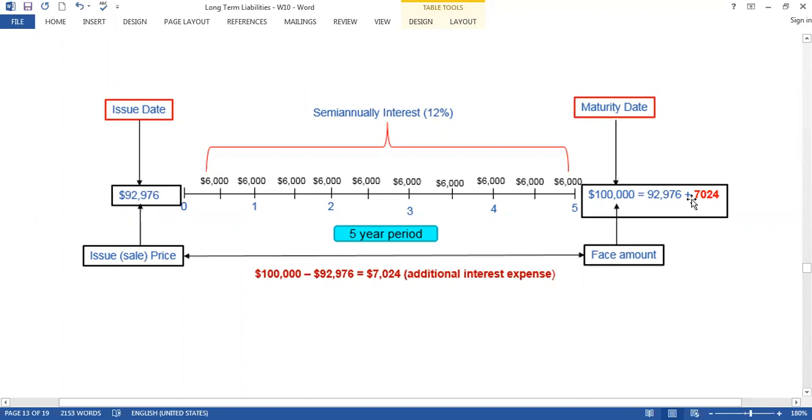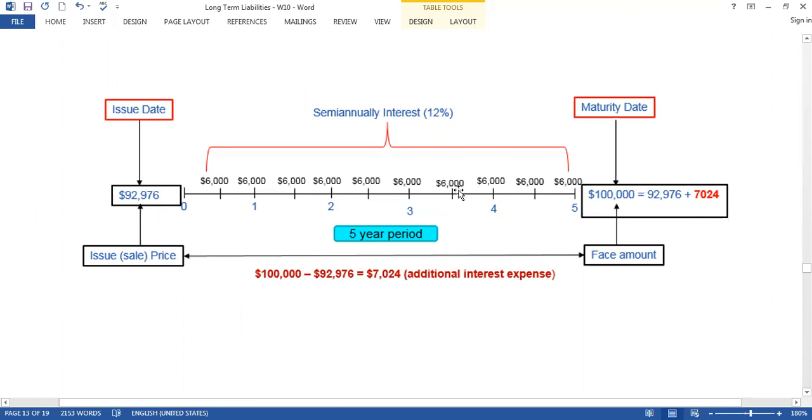It is our bad news because we receive less money, but we are going to pay more money, right? So this is absolutely a bad news. And bad news means this is called the additional interest expense. So you are liable to pay $6,000 interest expense every installment. This is your promise. You promised them that if you buy my bond, I am going to give you this interest.